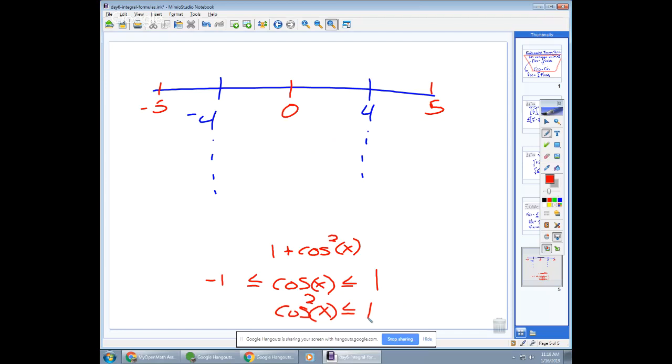Then it's going to be between 0 and 1. And if I add 1 to that, then I'm between 1 and 2. So looking at this thing right here, this thing is always between 1 and 2. Yeah. That's kind of nice, which means it's always positive.